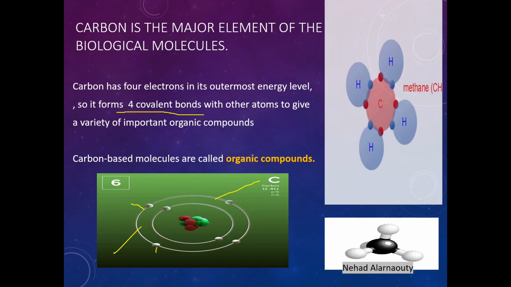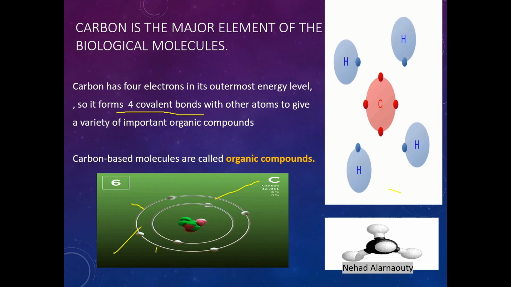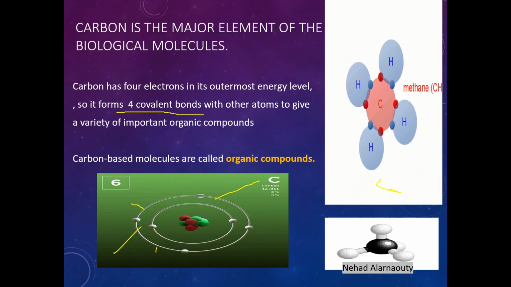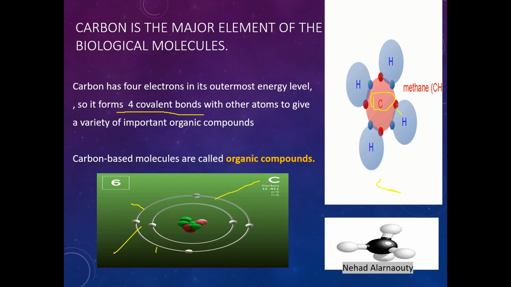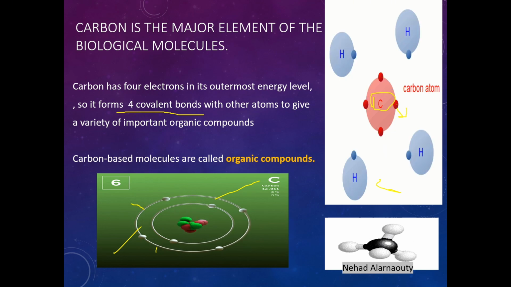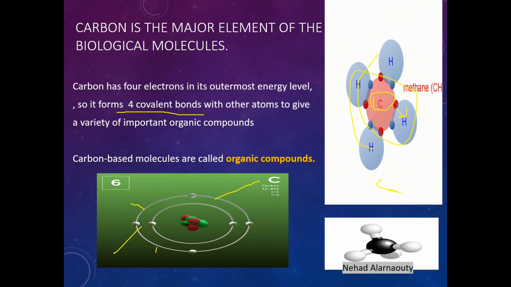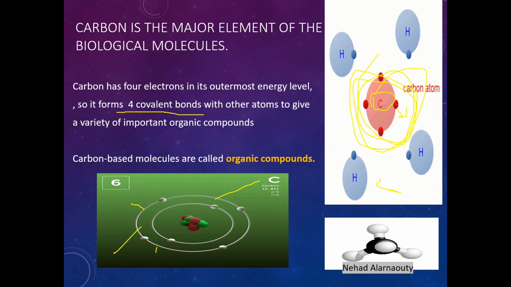Just observe this structure here, the carbon in the middle with the four valence electrons. Each of them will form a covalent bond with a hydrogen atom. So collectively, there are four covalent bonds in that CH4 structure.